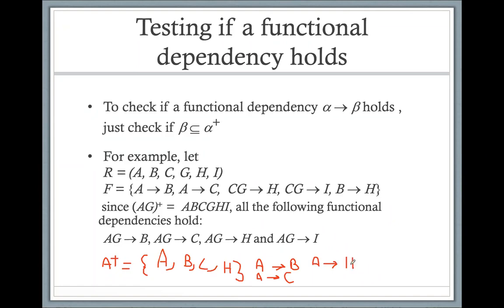So this functional dependency was not in the set. How can I get this using the laws? You can see that I can apply transitivity. A determines B and B determines H. From transitivity, I get that A determines H. So this is another way of figuring out whether the functional dependency A determines H holds. Questions on this?